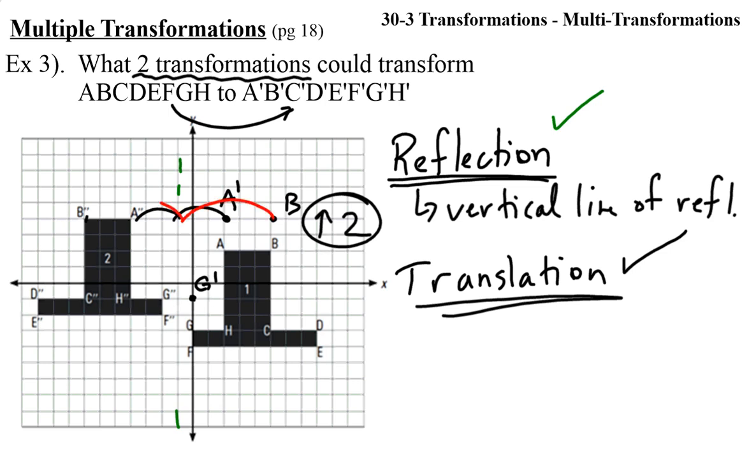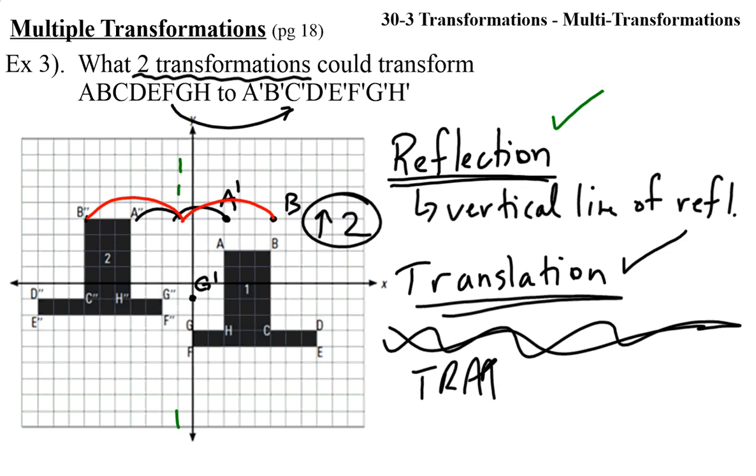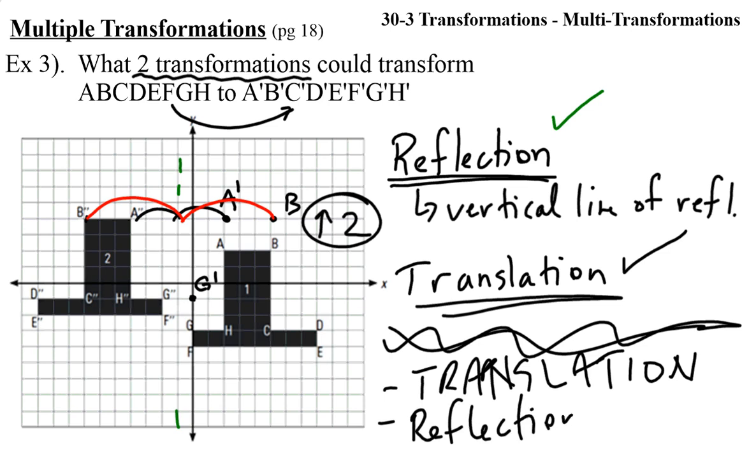B prime becomes B double prime, equidistant. So the other possibility here could be a translation followed by the reflection. But we know it's not a dilation because the size hasn't changed, and a rotation couldn't occur because they are oriented the same. So it has to be a translation and a reflection.